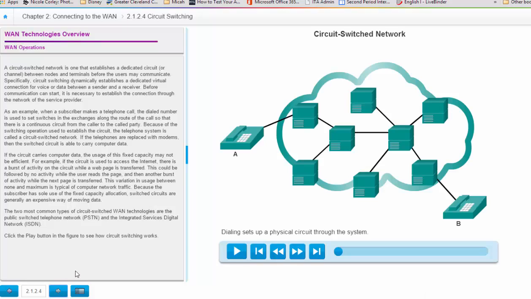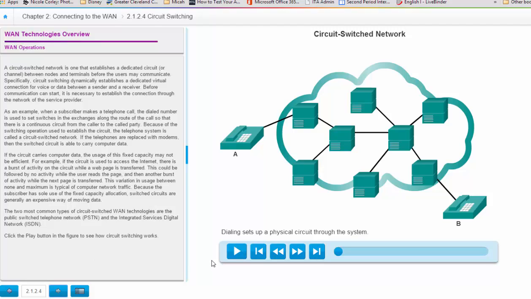Our switched network is one that establishes a dedicated circuit or a channel between nodes and terminals before the users may communicate. Specifically, our circuit switching dynamically establishes the dedicated virtual connection for voice and data.